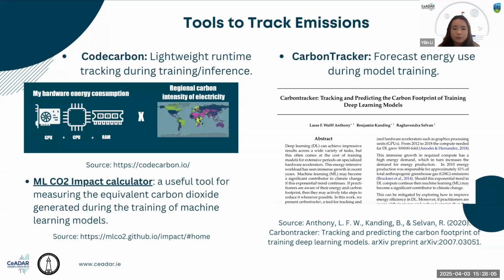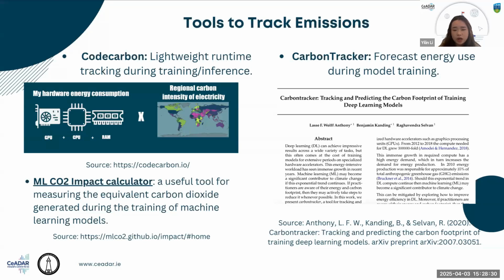It measures how much energy your hardware uses, like the GPU, the CPU, and the RAM, and then multiplies that by the carbon intensity of the electricity in your region. So it gives you a good estimate of your model's emissions in real time.